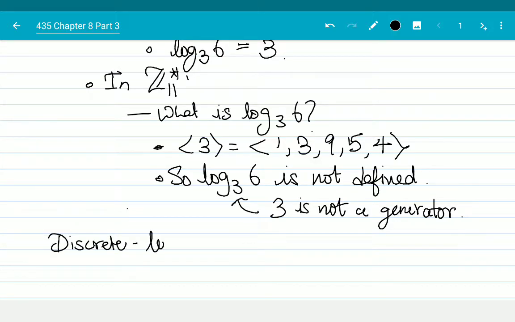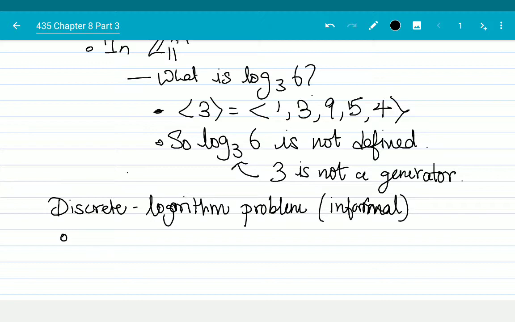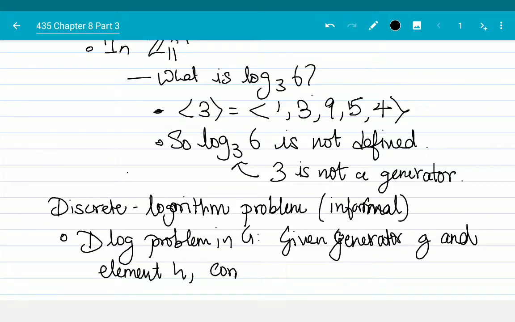Informally, the D-log problem in a group G is: given generator g and element h, compute log_g of h.